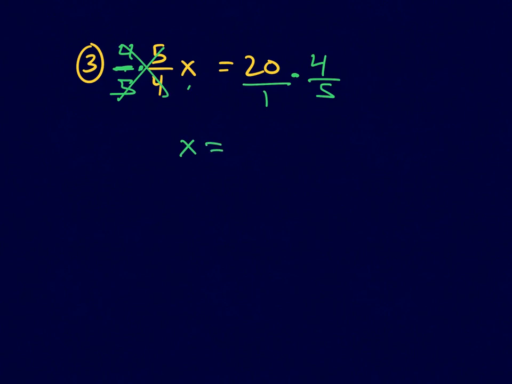I could do 20 times 4 is 80, and 1 times 5 is 5, and that simplifies to 16. You could also notice that I can cross-reduce a little bit. The 20 and the 5 would reduce to 4 and 1, and then I get 4 times 4 is 16. So 16 is my answer there.